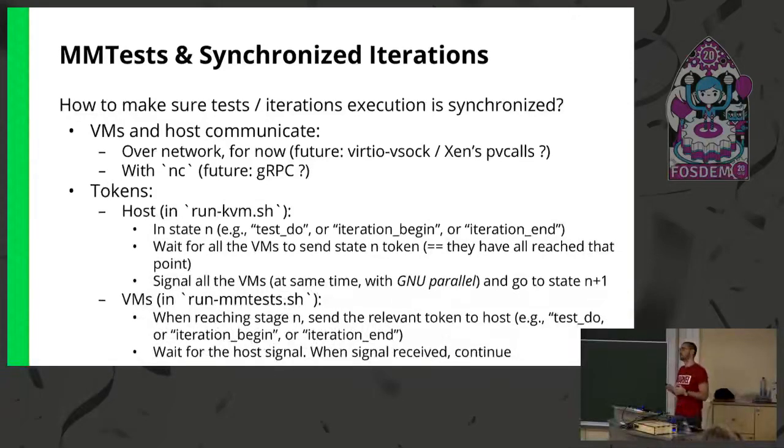The run KVM running in the host collects all the tokens, it knows how many virtual machines there are, and as soon as all the virtual machines have sent the proper token, it realizes that they are all at the same stage, at the same place, and they can continue. And so it sends a token itself to all the virtual machines to let them continue. And so it's a barrier protocol working like that.